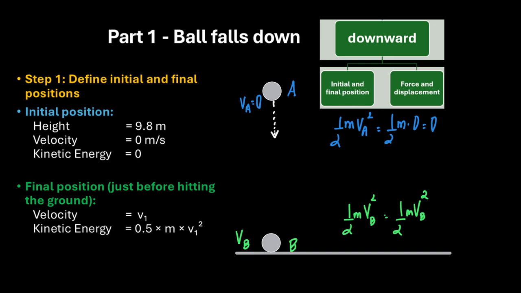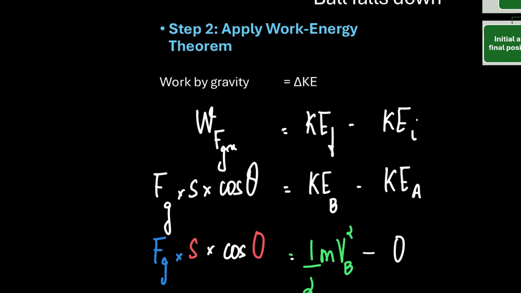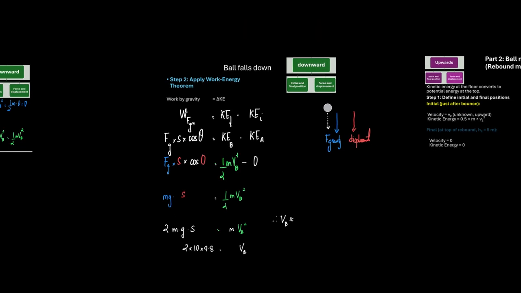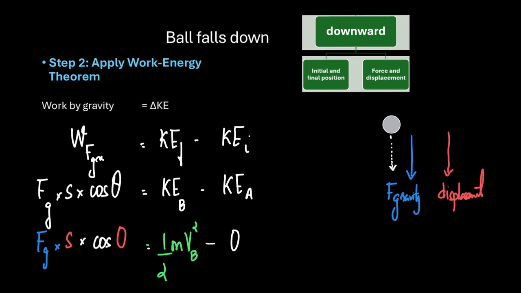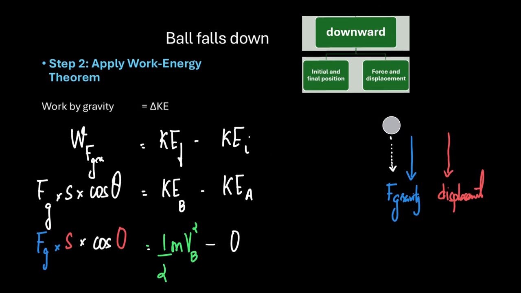Now, when this ball falls down, the change in kinetic energy is kinetic energy final minus kinetic energy initial. Kinetic energy final is KEB, kinetic energy initial is KEA. What is KEA? It is 0. What is KEB? It is equal to half m vB square.